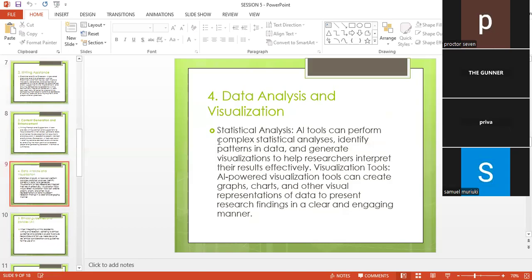Data analysis and visualization. Yes, it's very good at analyzing data. Sometimes you just give it a table and tell it to draw a graph, and it draws a very nice graph. It can draw very beautiful pie charts for you, and so on.